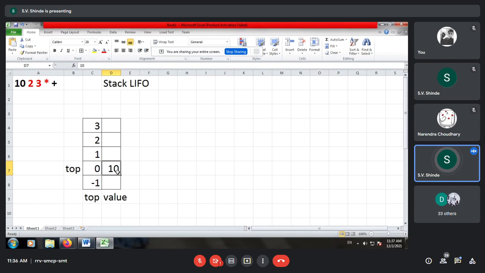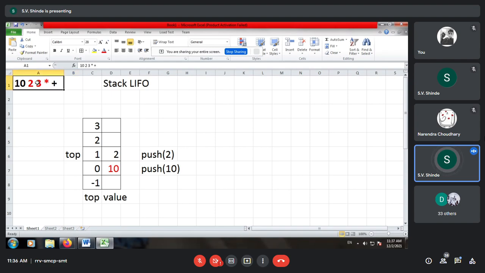Let us scan again. After 10 we get 2. So the instruction was push 10. Next we get the instruction, that is push 2. So 2 will be updated on the stack. Again the stack top will be incremented by 1 and it will point to 2.